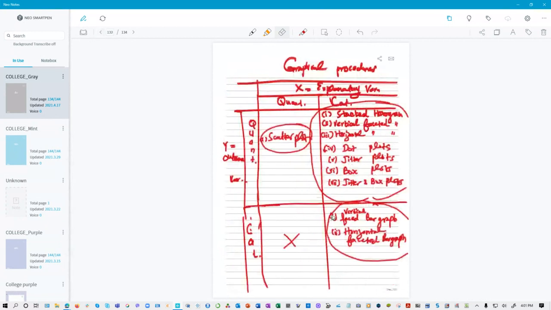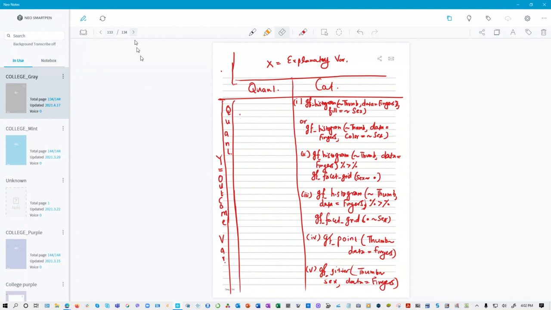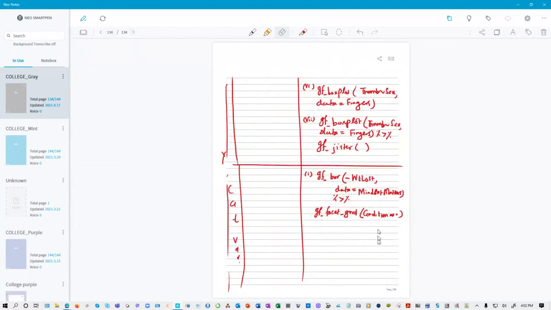Vertical faceted grid: vertically they were put down. This is how we did that one. It's going to go down. This is the y. Vertically means, horizontally like this. So in the same way, vertically it goes down.